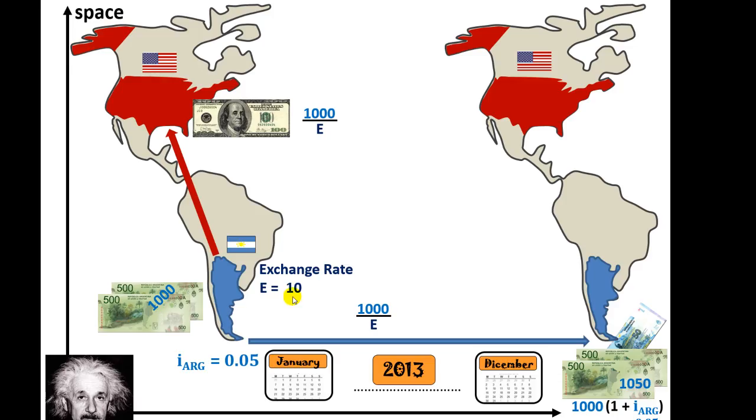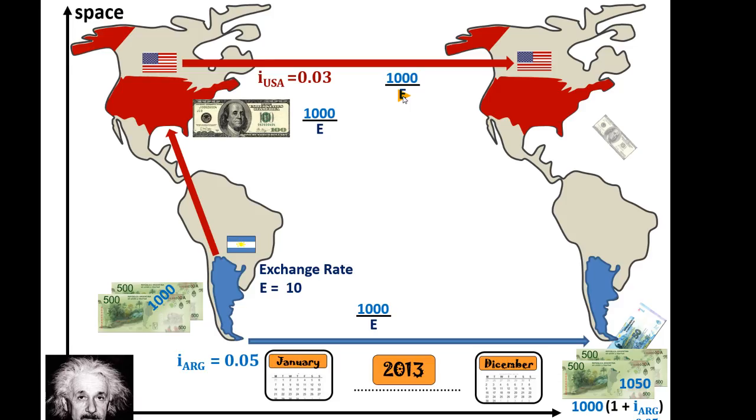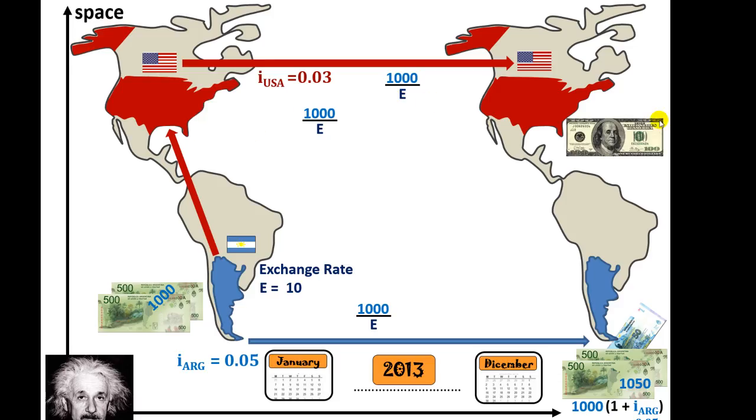So now let's assume that on the 1st of January of this year the interest rate in America is 3%. So if I put this $100 with the interest, then in 1 year, now we travel in time, I will have the $100 times 1 plus the interest in USA.